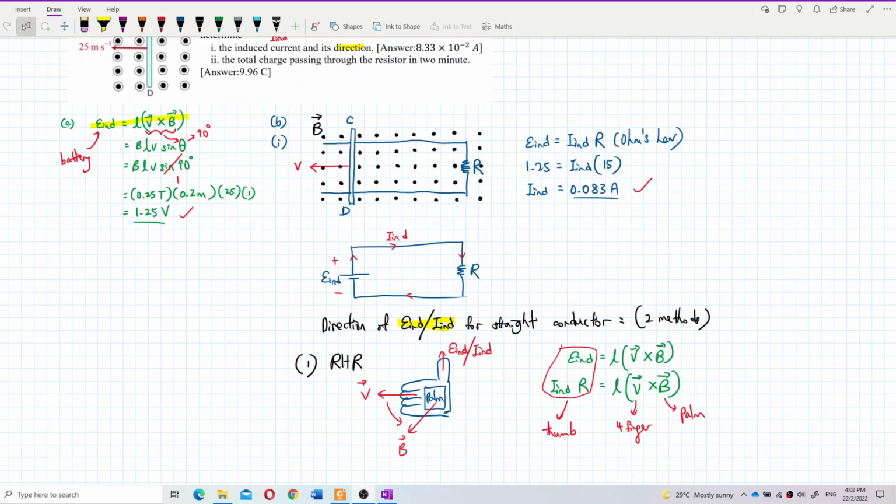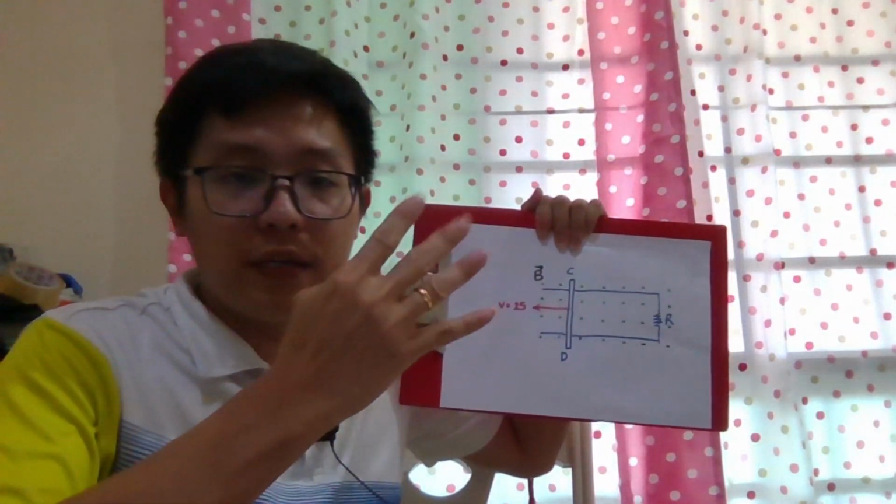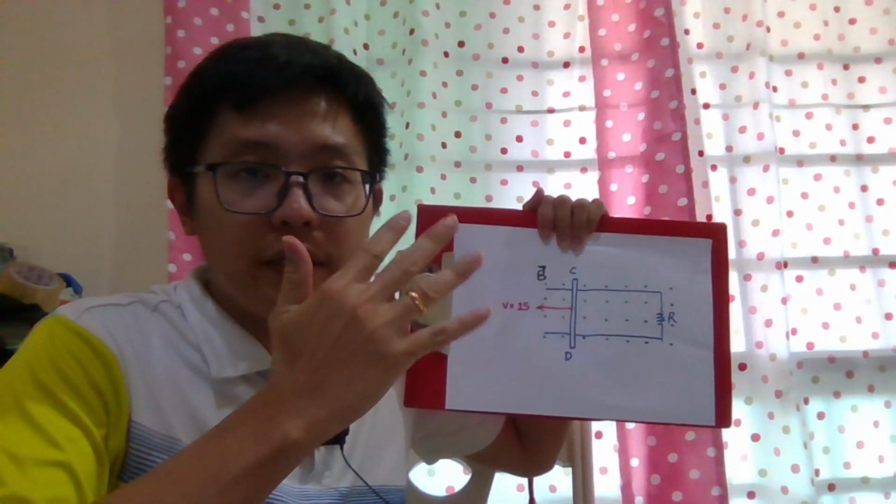Forefinger is the velocity. The palm is the magnetic field, and then the thumb is the induced EMF or induced current. Okay. So now I'm going to show you. Again, the forefinger is the velocity, the palm is the magnetic field, and the thumb is the induced EMF or induced current.